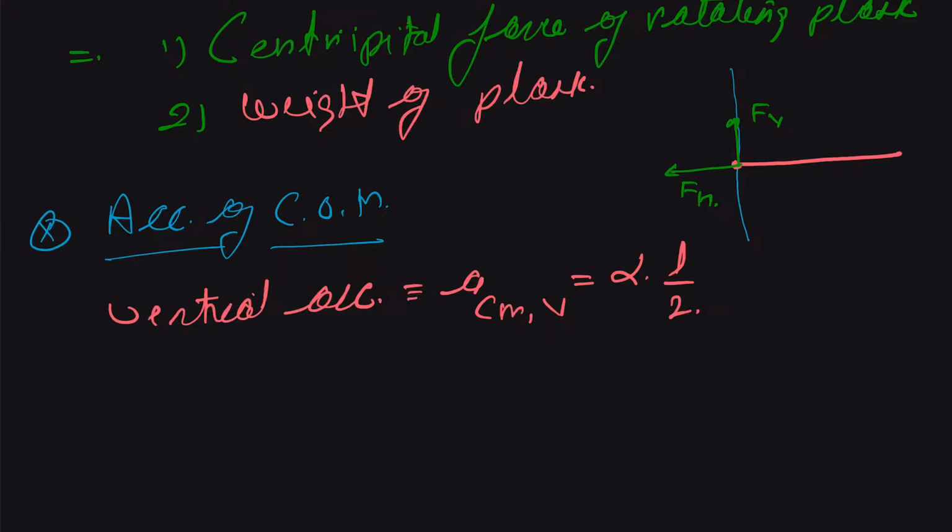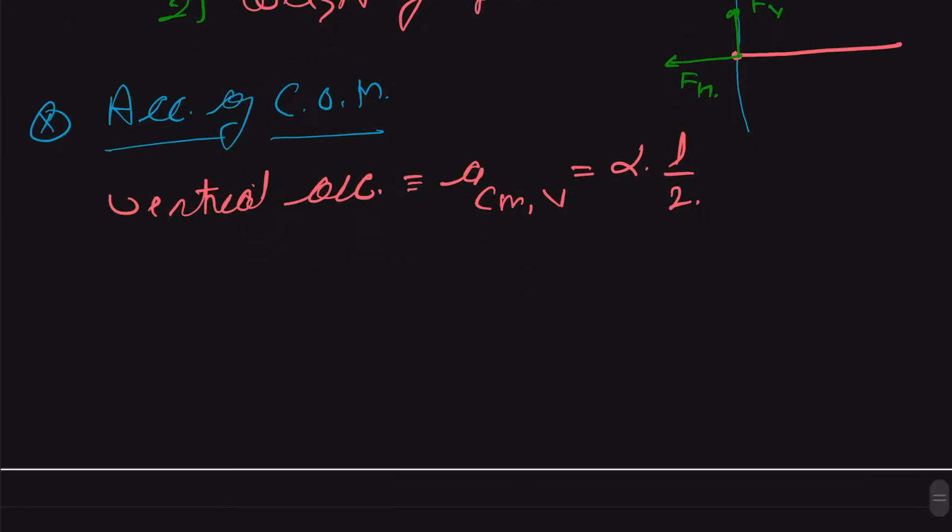Okay. And we know that our torque is equal to I times alpha. And this torque will also be equal to mg L by 2. And the moment of inertia I we already know.